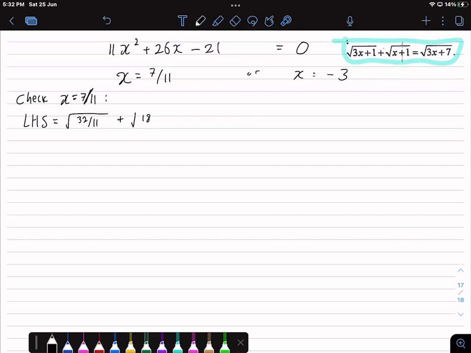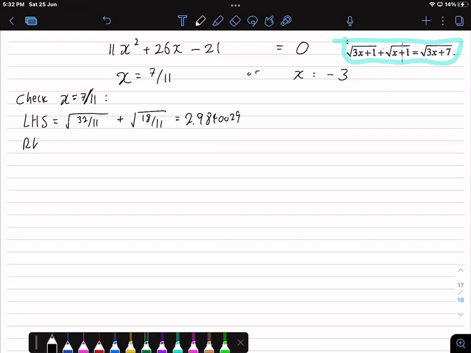Okay, good. Then use a calculator to get the value. 2.9848100029.